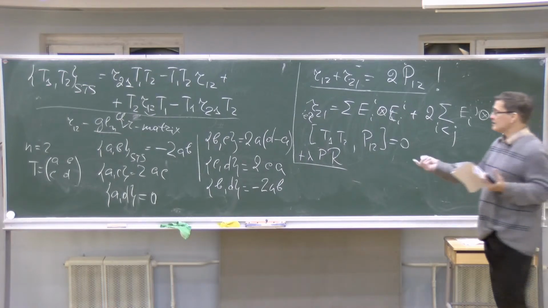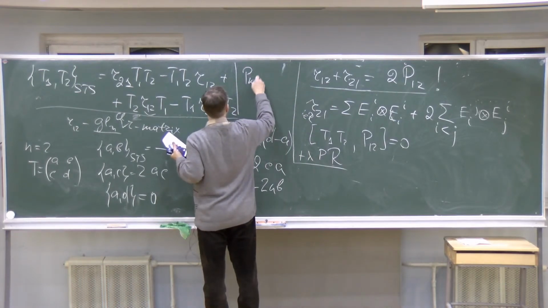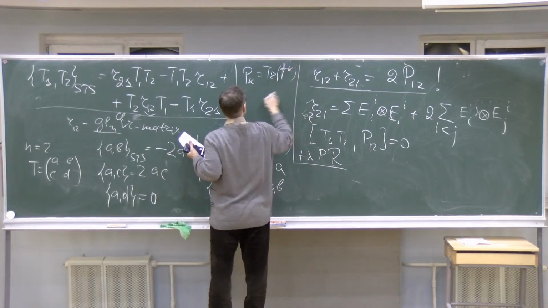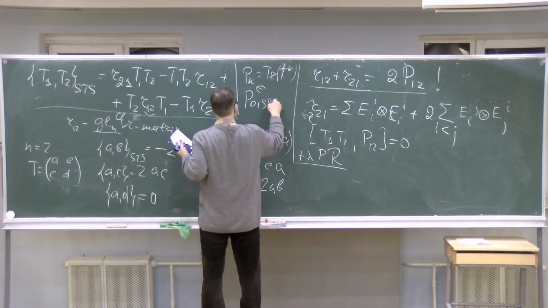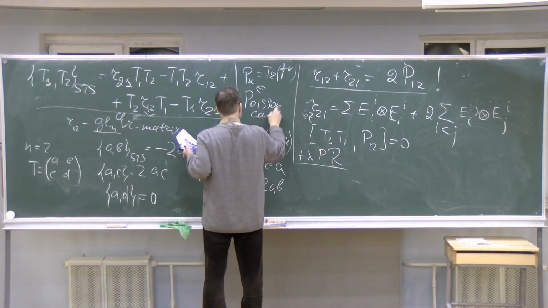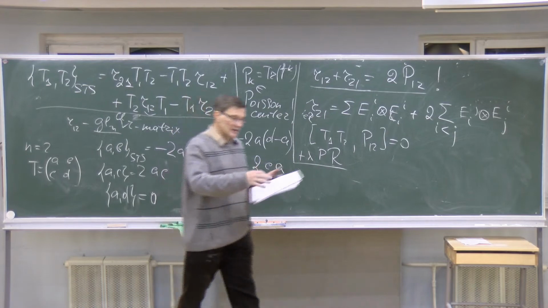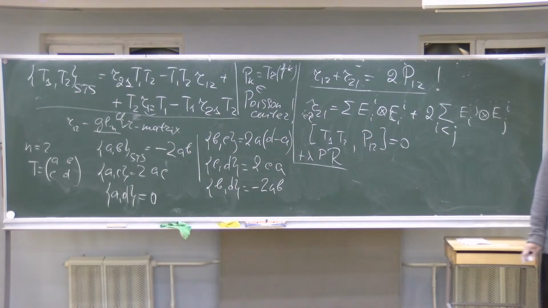Here we again have that all the traces, the elements pk, belong to the Poisson center. The center is large, very big.